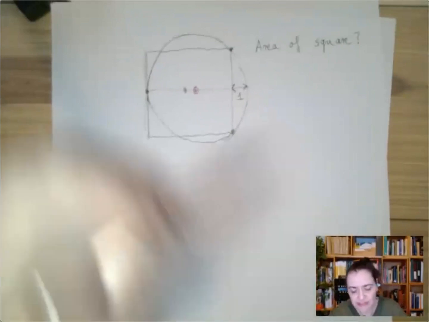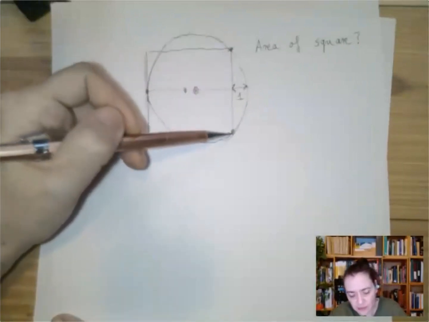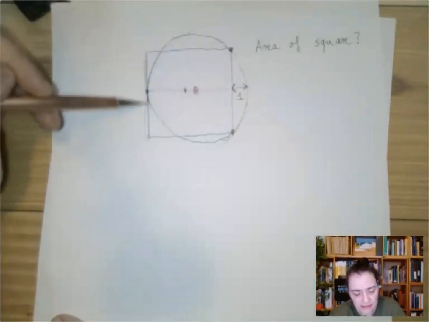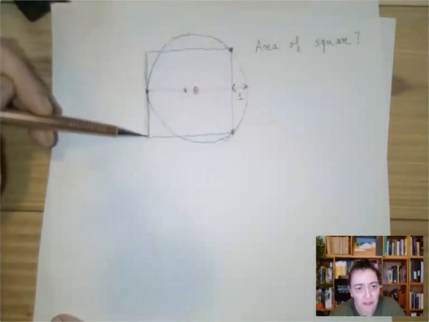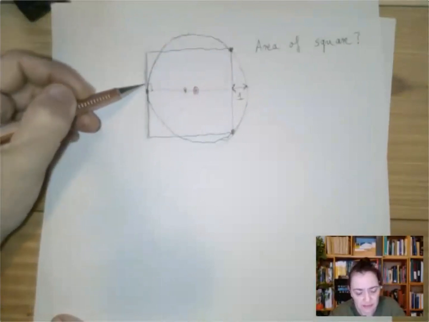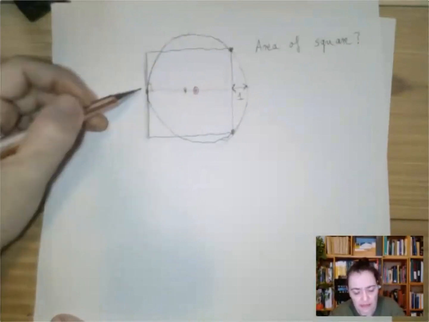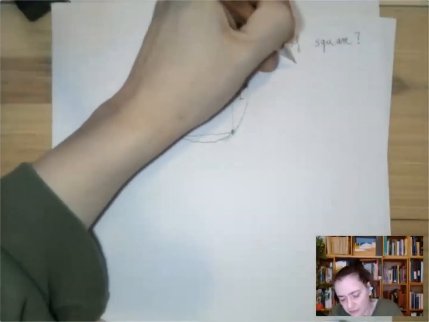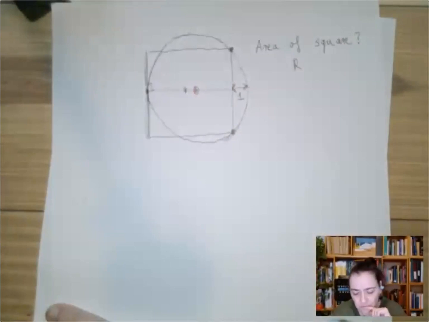We should use that this vertex is on the circle and that this here is a tangent line. Tangent line automatically gives us right angles, right? These two lines are perpendicular.